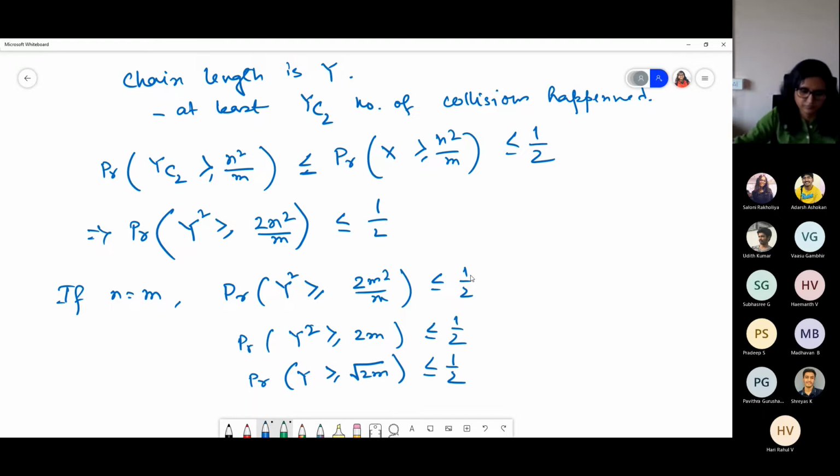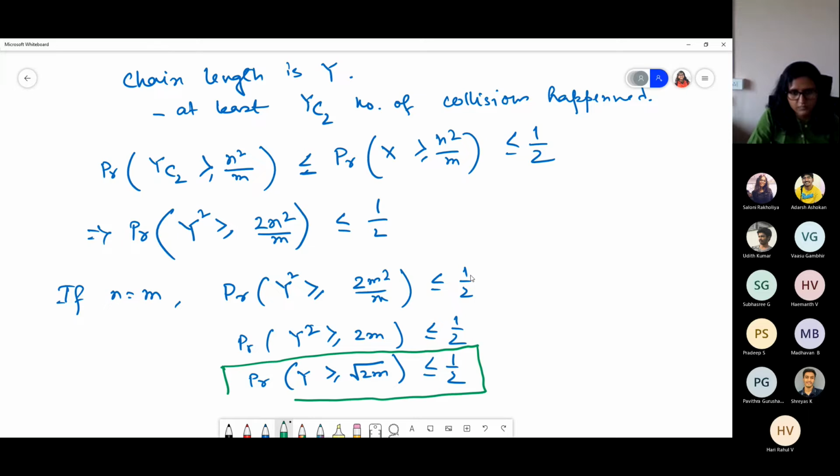Now this is an important result that we are going to use while we design the perfect hashing. So this result you remember, result to use in perfect hashing. What does it mean?